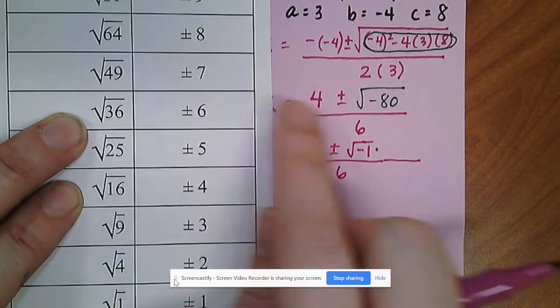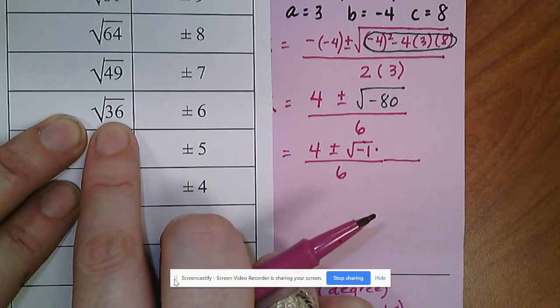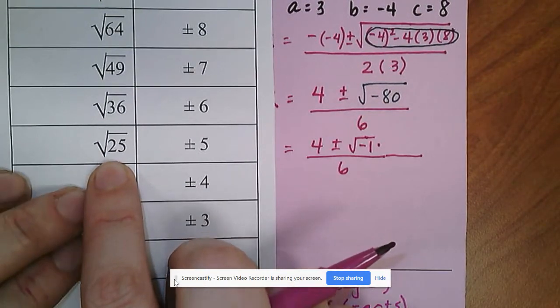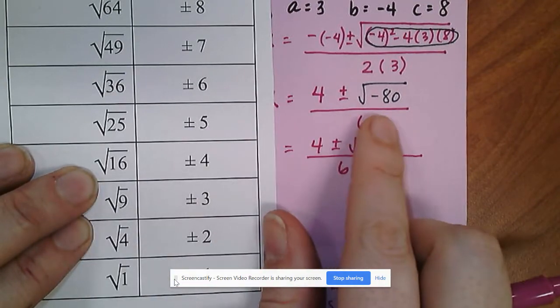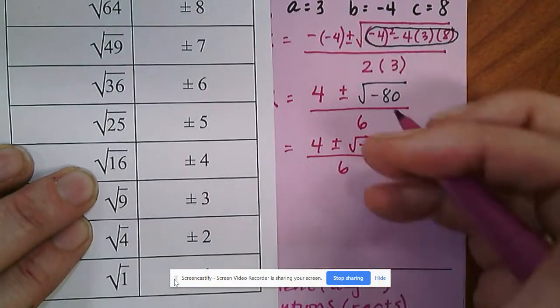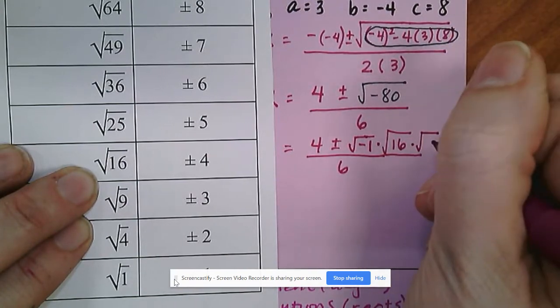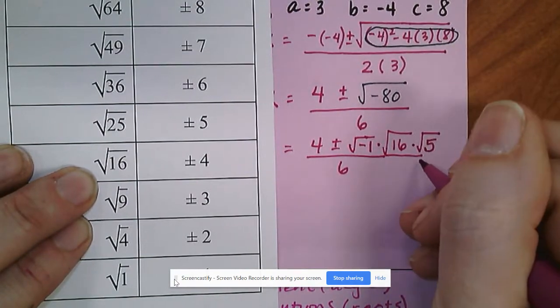So I divide 80 by 36, I get a decimal. I divide 80 by 25, I get a decimal. I divide 80 by 16, and that works. So that is my greatest perfect square, and the leftover is 5.